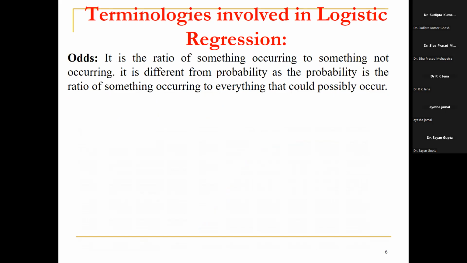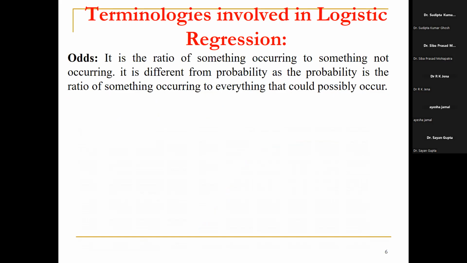And then there is the most important term generally used in logistic regression, which you cannot find in linear regression. That is called odds. It's a ratio of something occurring to something not occurring. That means it is basically related to how you classify the predictor based on the output value, either 0 or 1, either 2 classes, 3 classes, 4 classes.